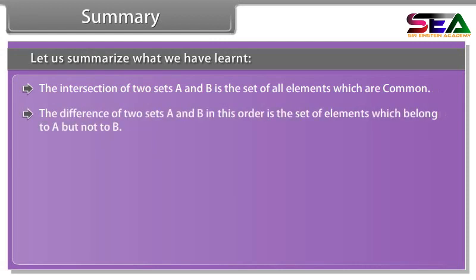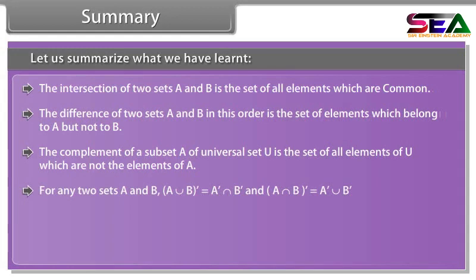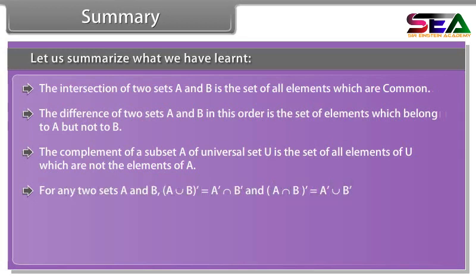The difference of two sets A and B in this order is the set of elements which belong to A but not to B. The complement of a subset A of universal set U is the set of all elements of U which are not the elements of A. For any two sets A and B, complement of A union B is equal to complement of A intersection complement of B, and complement of A intersection B is equal to complement of A union complement of B.